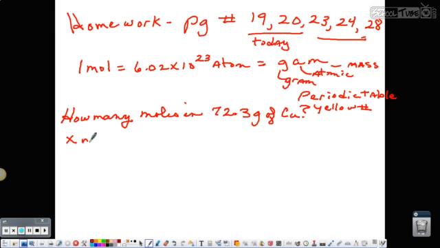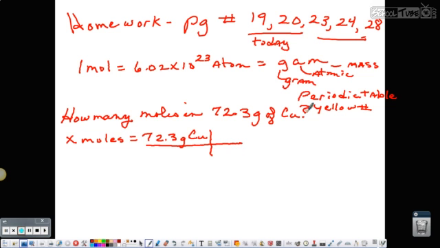X moles. What do you know? 72.3 grams copper. Yes, you have to write copper. It's going to seem redundant right now, and it is redundant right now, but later it will be important that you're in the habit of writing grams of copper. Trust me, you will want that.